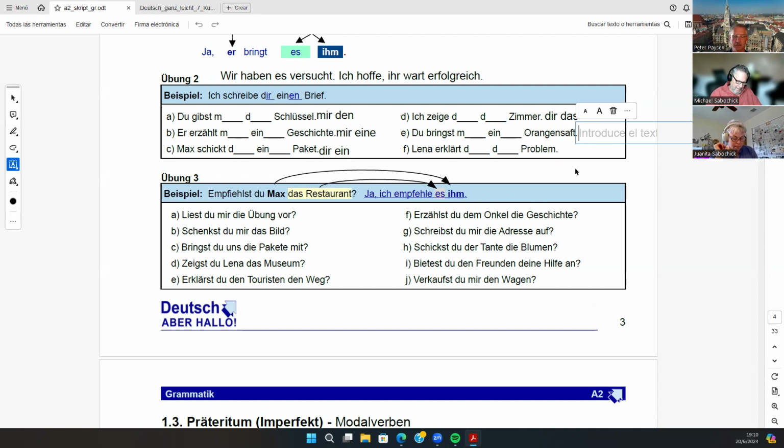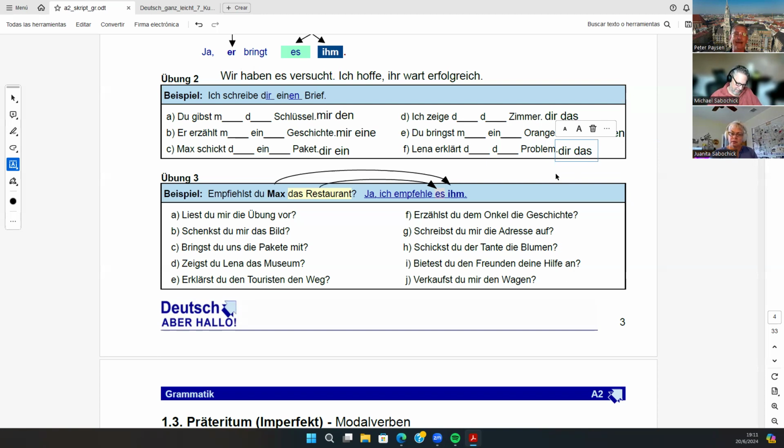Du bringst mir einen Orangensaft. Du bringst mir einen Orangensaft. Genau. Okay. Lena erklärt dir das Problem.